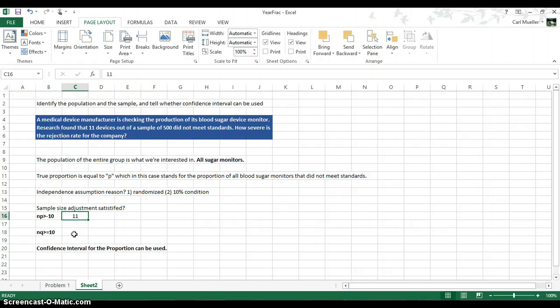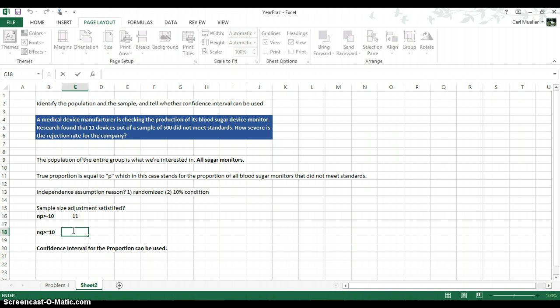Just real quick, for our number of successes, actually our number of failures, it's kind of flipped, so I apologize for the confusion. In this case, the successes are our failures because we're looking at that as a confidence interval. This other piece is counting the successes or failures in terms of not being a failure.